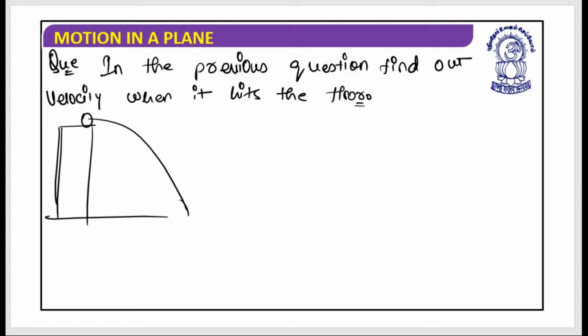You have thrown like this, and this was the 45 degree and this is the V. So while I calculate V, I should add up Vx square plus Vy square. What is Vy? It is 10.